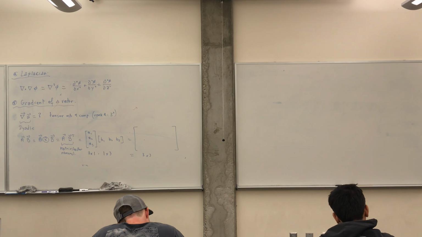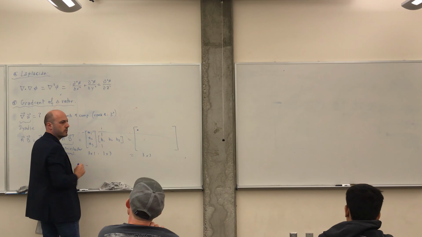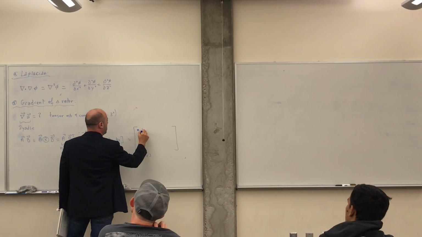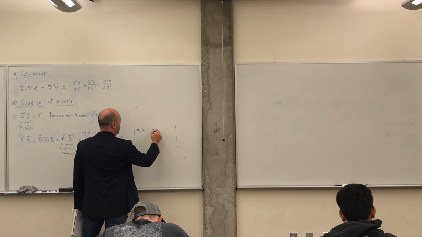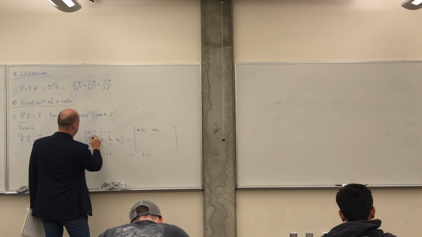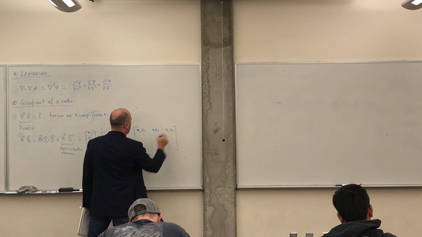So how do you do this? First row, first column: you take the first row and the first column, that's A1, B1. First row, second column: that's A1, B2. And A1, B3 for first row, third column.